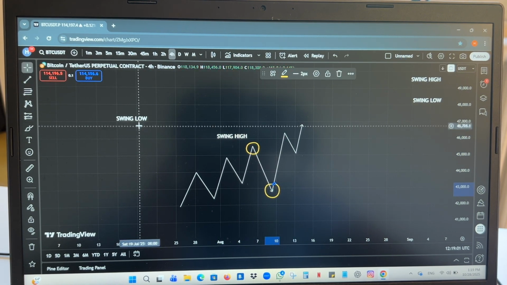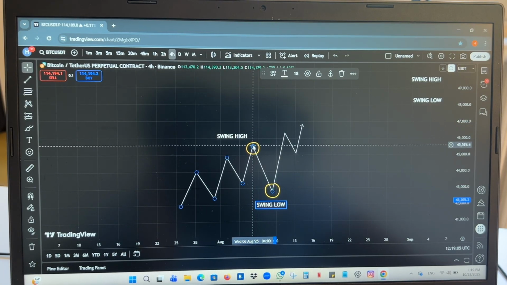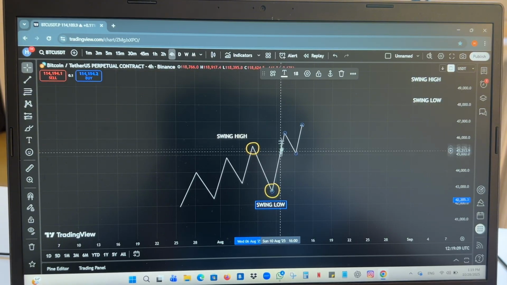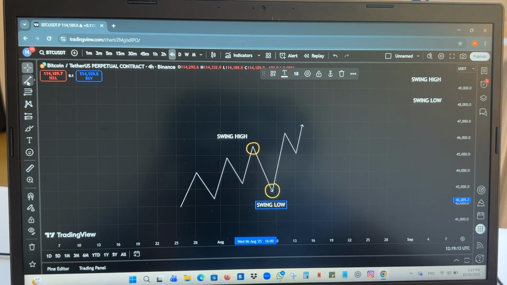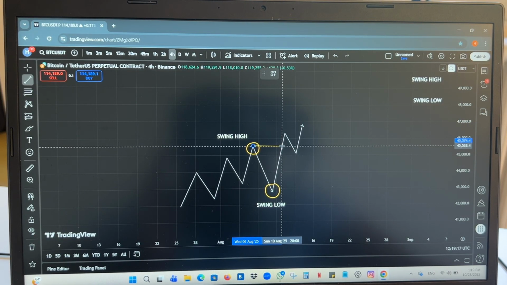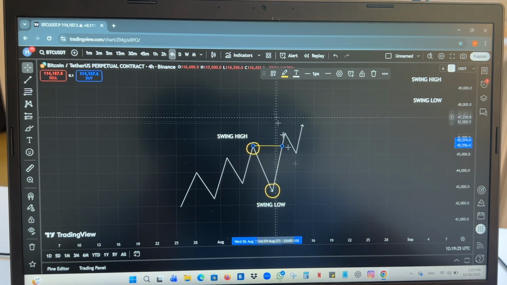This low is going to be a swing low, and the swing low is confirmed after this high is hunted. This swing low is confirmed after this swing high is broken by the market. So for this swing high, we are going to go for the top level. If it's a wick, we are going to go for the wick. If it's a body, we are going to go for the highest point of the body.